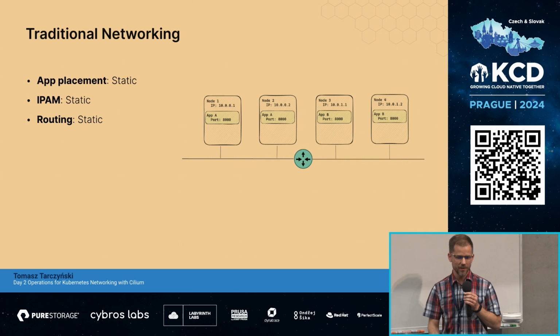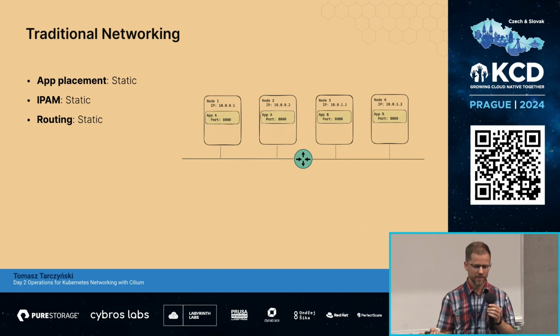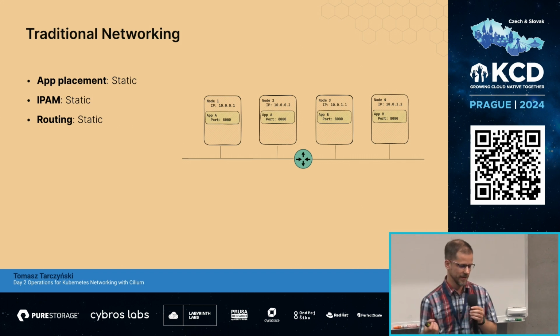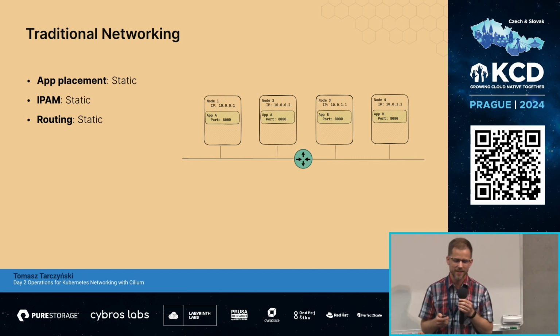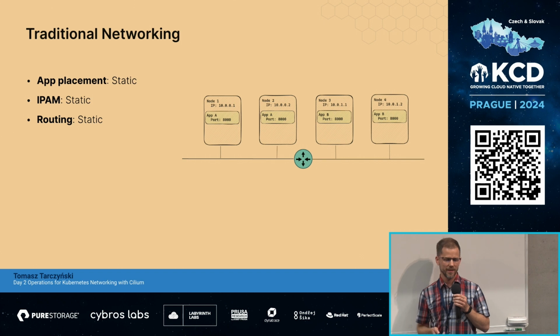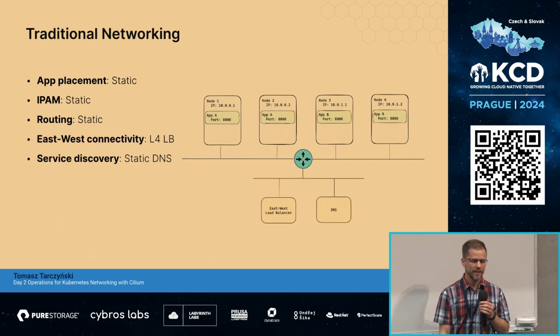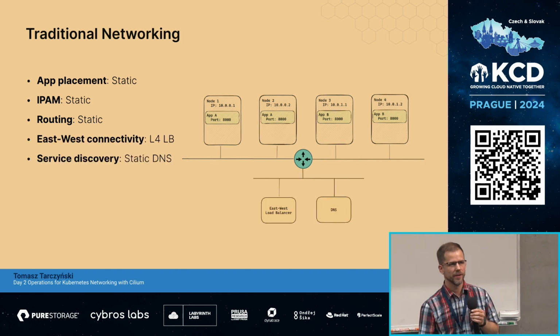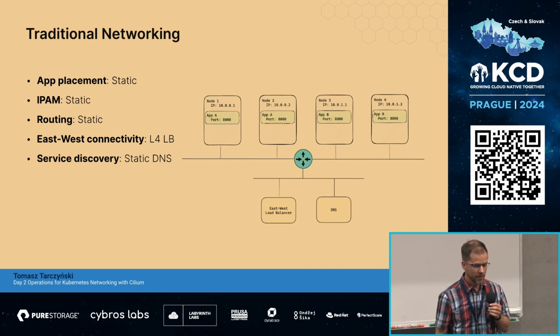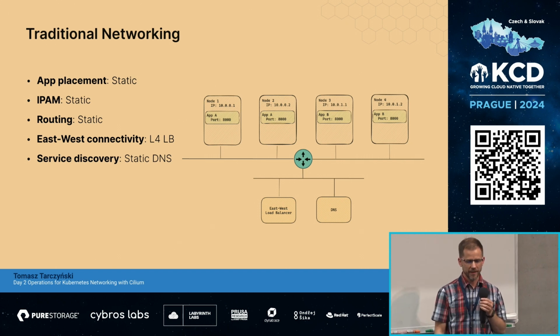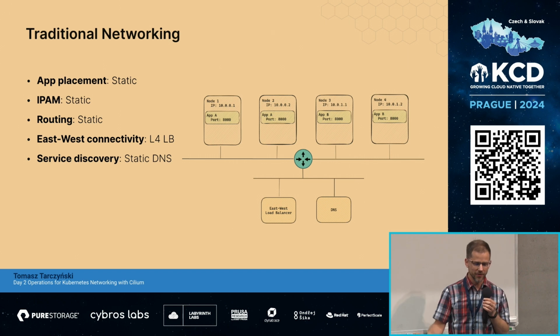You assigned those to the nodes. You might have dynamic routing protocols, but it still didn't change a lot. And then what are the important networking topics that you needed to take care of when running distributed systems?